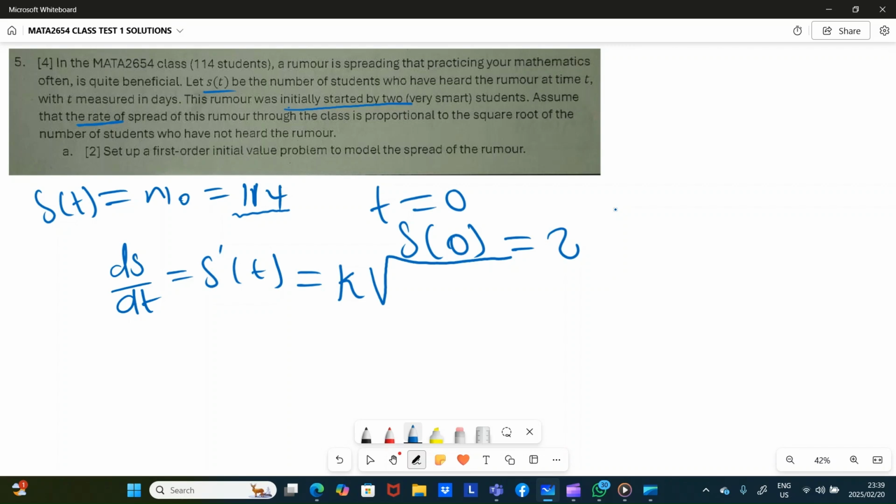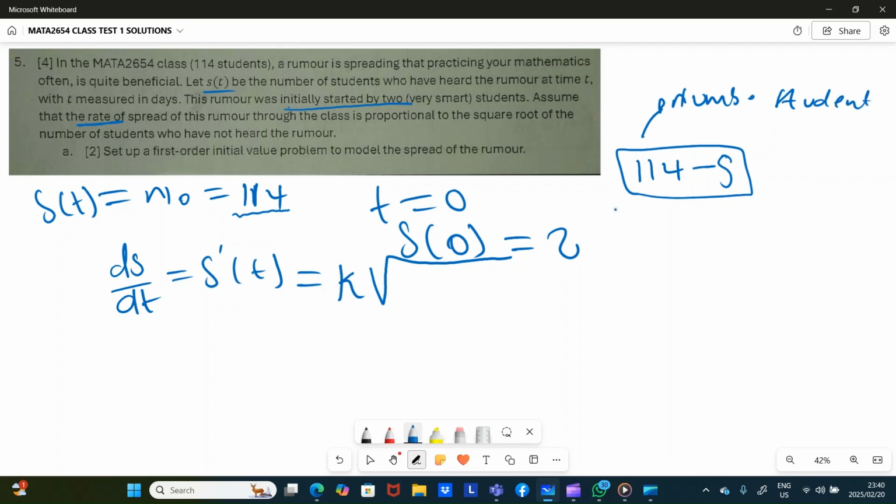If we have 114 students in class, and now we want to find out how many of the 114 students did not hear the rumor, we can subtract. 114 minus s will be the number of students who have not heard the rumor.